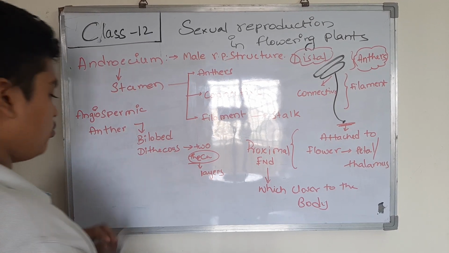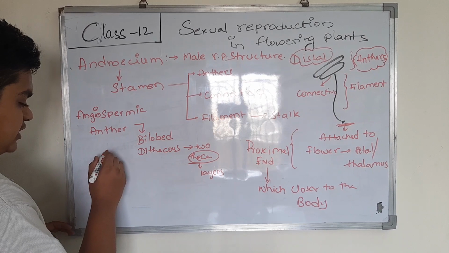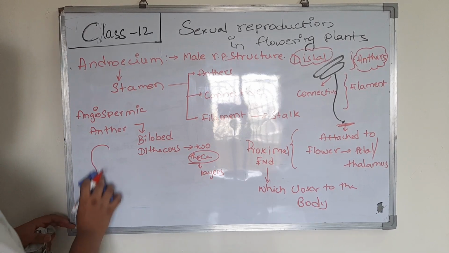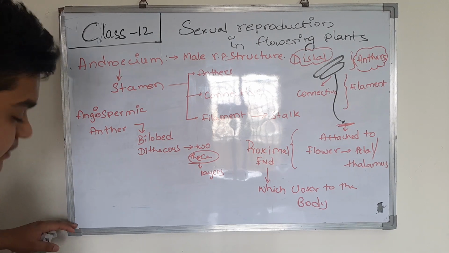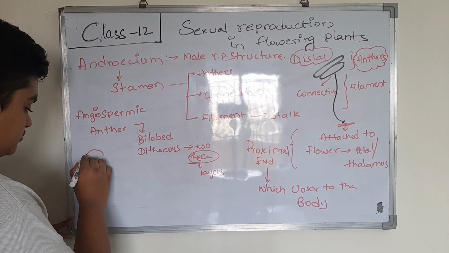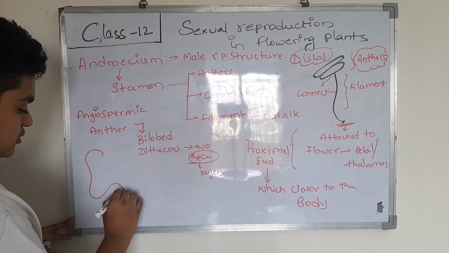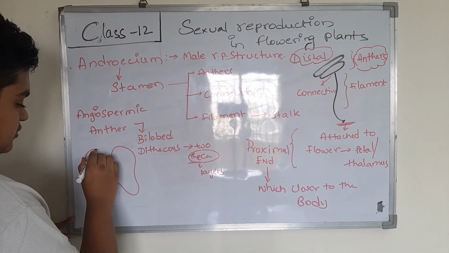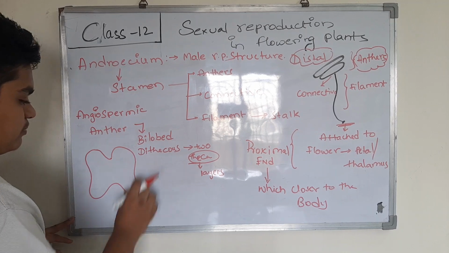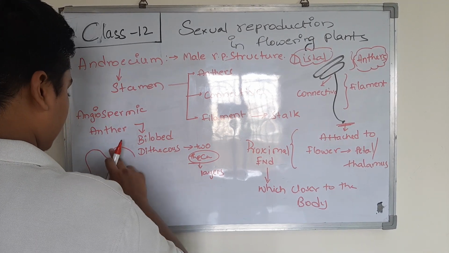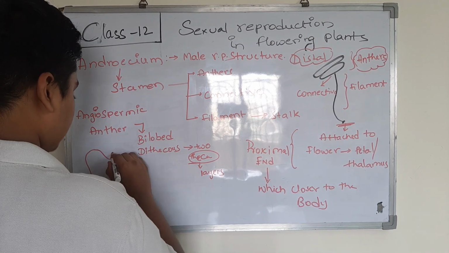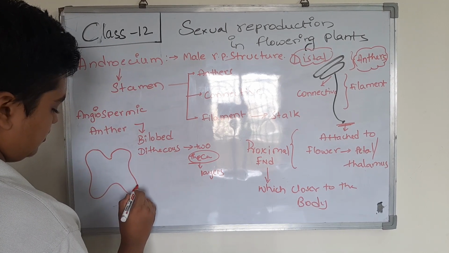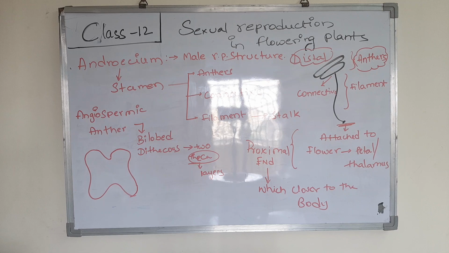And each lobe, see, it is like this. If you just bust open the anther, it looks like this. And each lobe has two corners. It is four-sided.